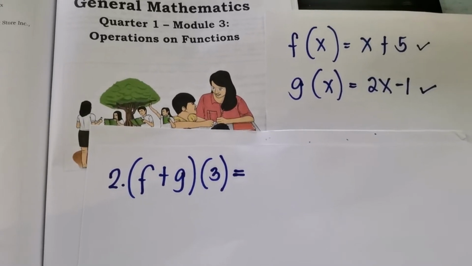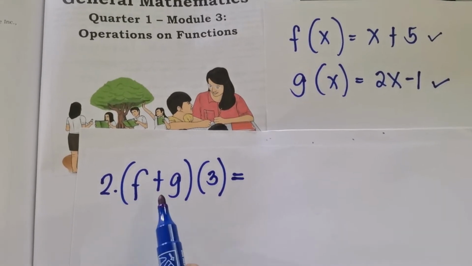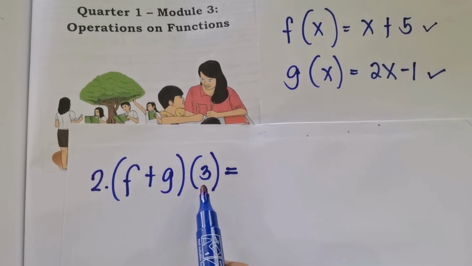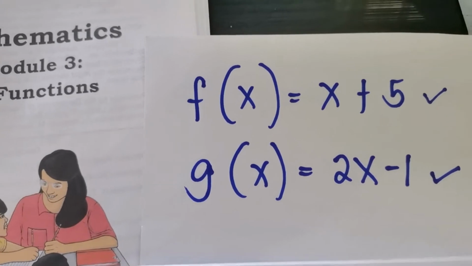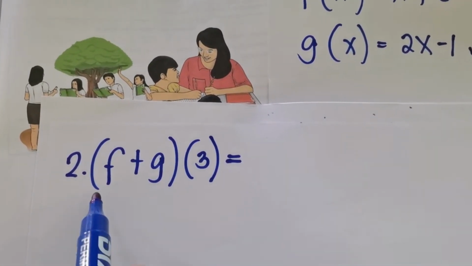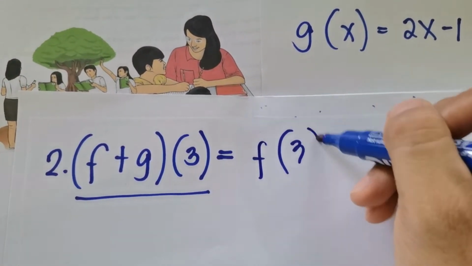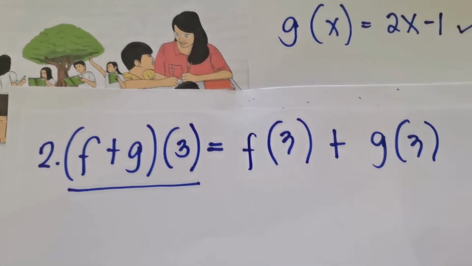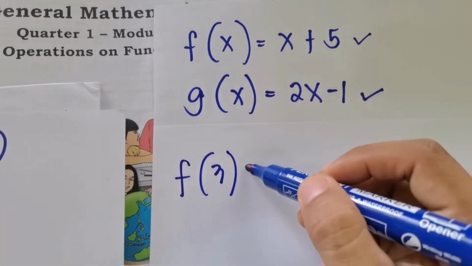Example number 2, we have to find the value of the quantity f plus g of 3. So the value of our x in here is 3. So we have the same given functions. By definition, this is equal to f of 3 plus g of 3. We will first solve f of 3.